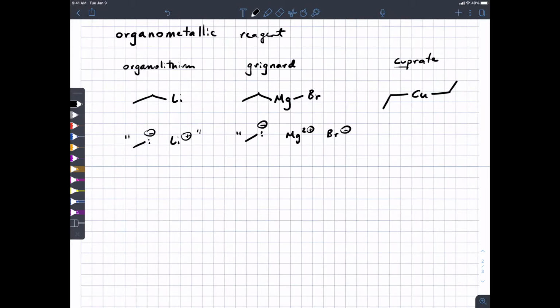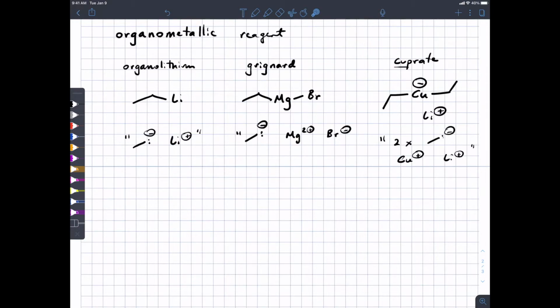It's just copper plus. Now I'm embarrassed. Yeah, it's just copper plus. So the cuprate reagent looks like this. But again, we're going to think of it as though it is 2 of the carbanions, 1 copper plus, and 1 lithium plus. And it's more complicated than that, but that's sort of where we are.